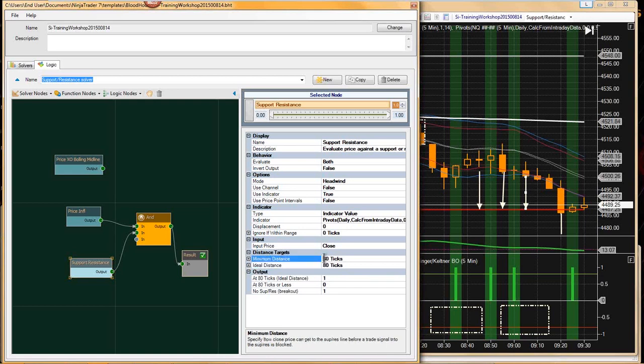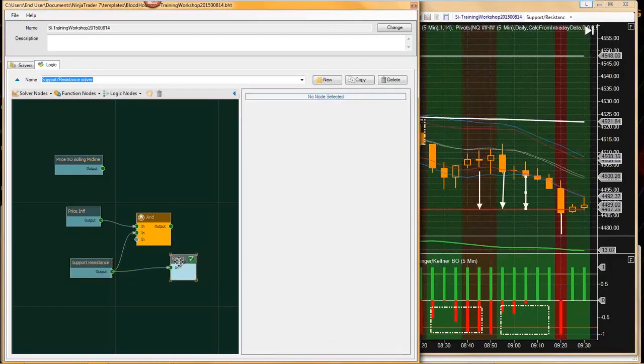I'll give you a quick demo of the fuzzy logic aspect, but most people don't use BloodHound's fuzzy logic, so I won't go into a lot of detail. Let's say 50 ticks is our minimum. We would prefer our ideal distance, we prefer to see 80 ticks.